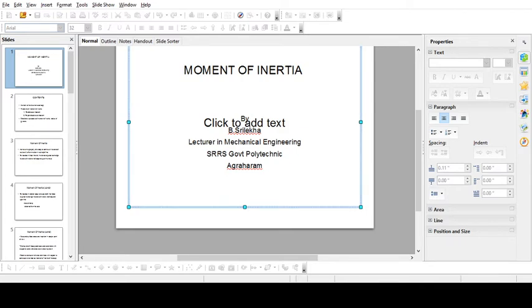Next, for bodies which are in rotation about an axis, the force required to change the state of motion will depend upon the mass of the body and the distance from the axis. So previously it was only the mass of the body in case of the linear ones, whereas in the rotational ones it is both the mass and the distance.